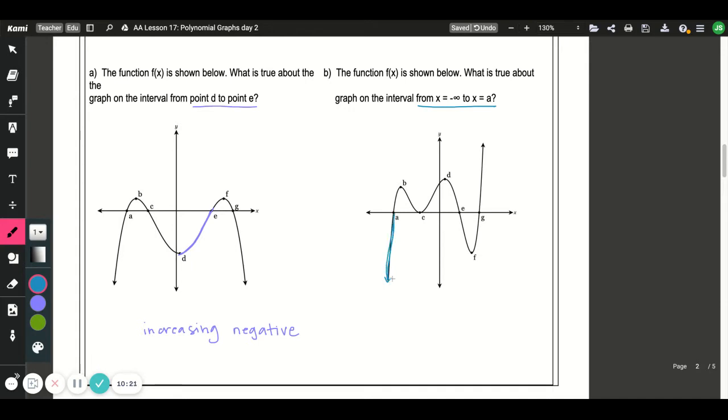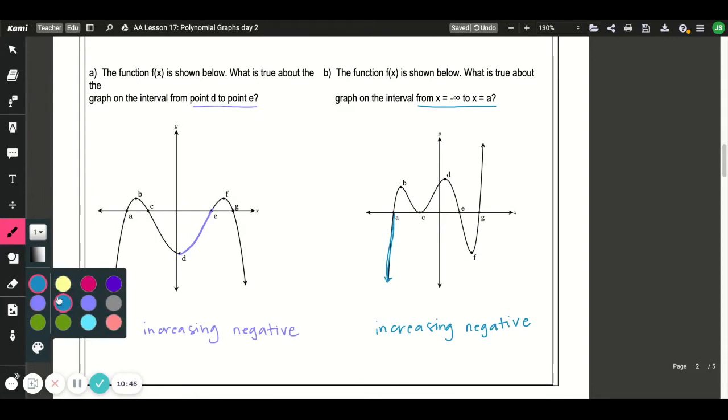Probably should have picked a different example because again, I'm going up, right? I'm swimming up. This is water level. I'm going up, up, up. So I'm increasing, but I'm still below the x-axis. I'm below the surface. So I'm still negative.